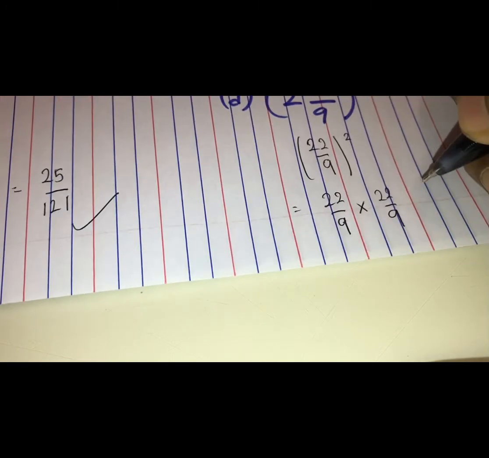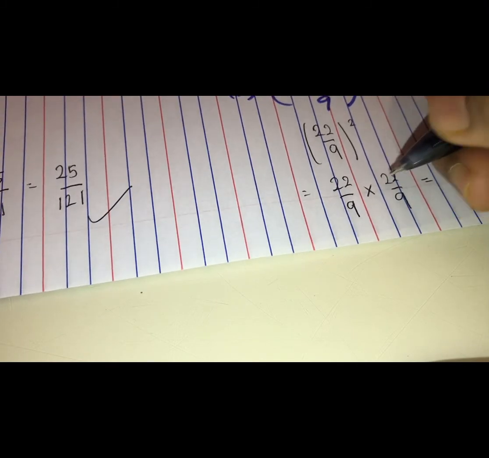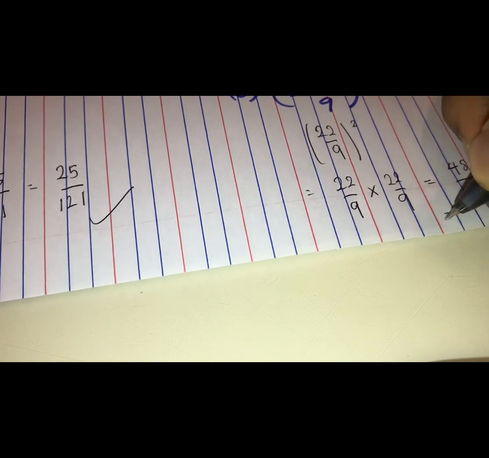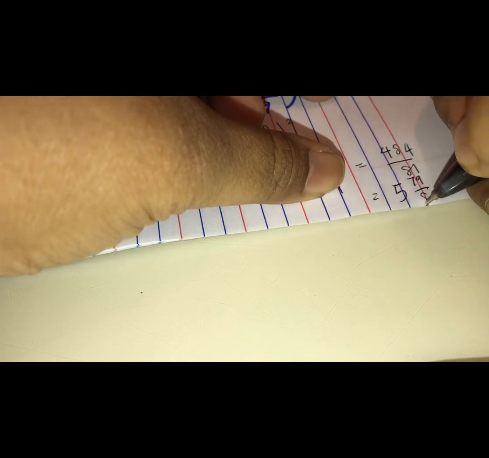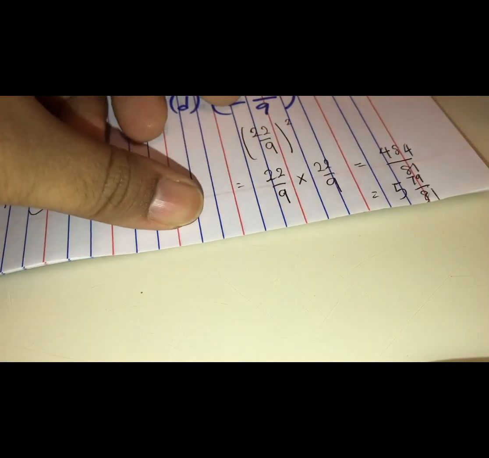Then you get 22 times 22, which is 484, and 9 times 9, 81. Change back to the simplest form. So you get 5 79 over 81. This is my final answer.